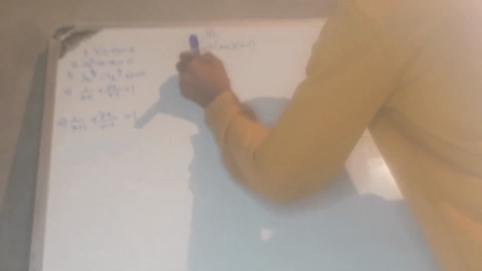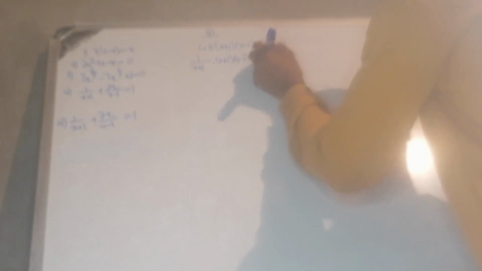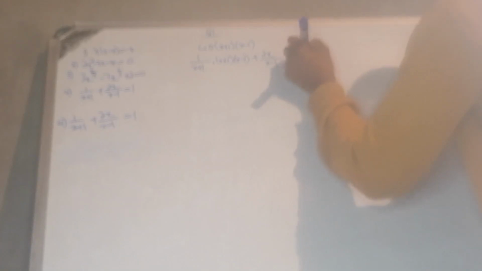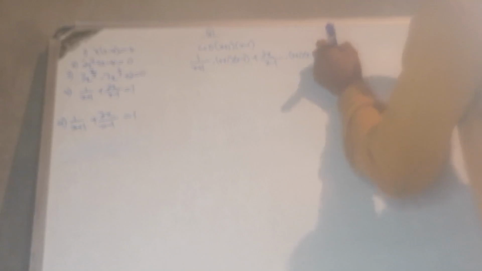You have 1 divided by x plus 1, you multiply this by the LCD. Plus 2x into x minus 1, you multiply also this by the LCD. That is equal to 1, you multiply that by the LCD. You are multiplying everything by the LCD.